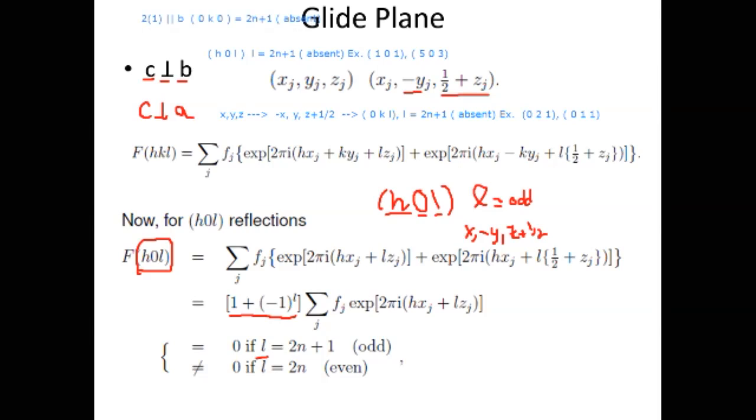The 0K0 was for the 2-1 parallel to B, but when we have a C-glide perpendicular to B, we're looking at the H0L. Another thing to note is that for screw axes, only one index is non-zero. For glide planes, two of the indices are going to be non-zero.